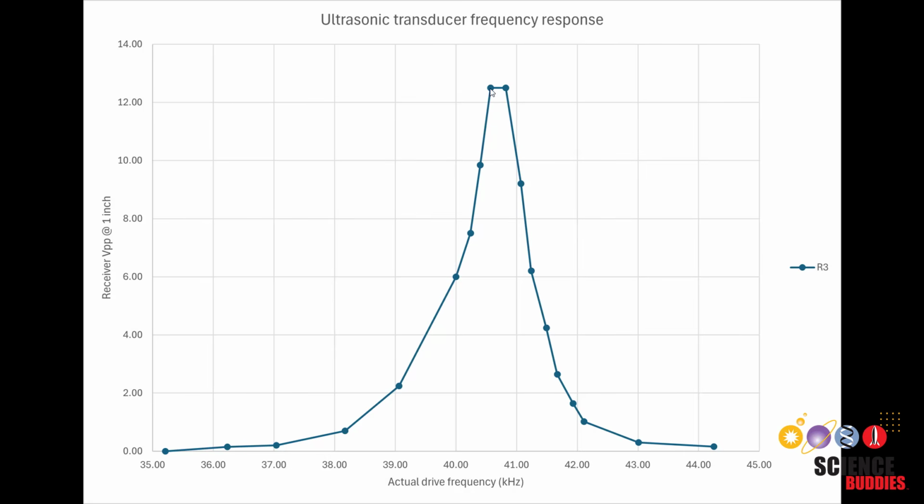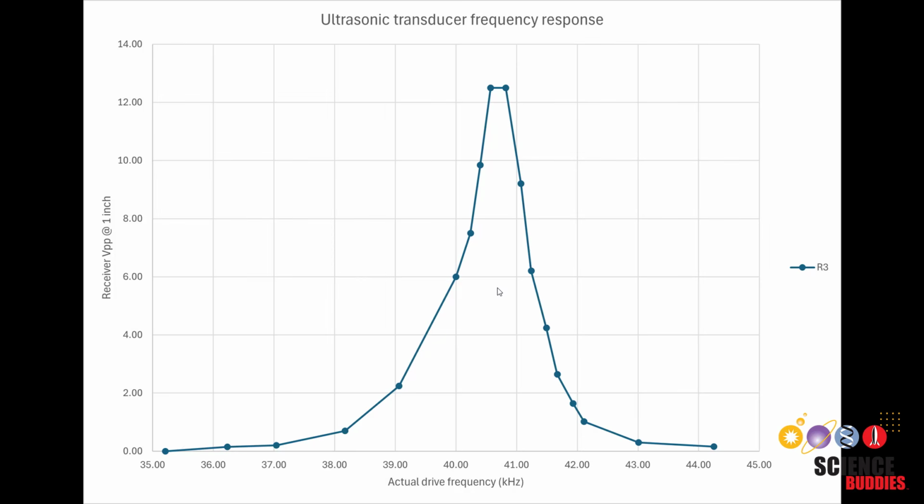And you can see that that voltage is the highest, meaning the signal it's receiving is the largest, somewhere in between 40 and 41 kilohertz, a little over halfway, so maybe in the 40,600 to 40,800 range.